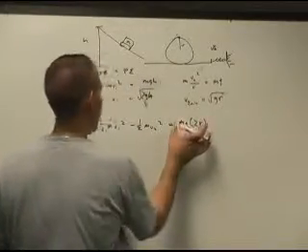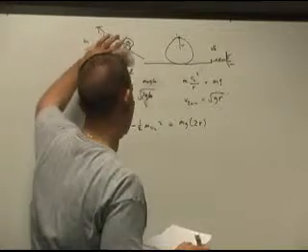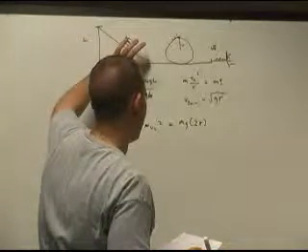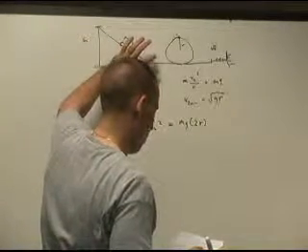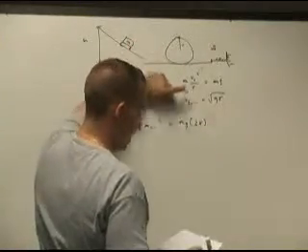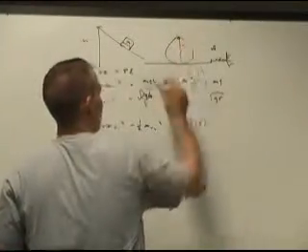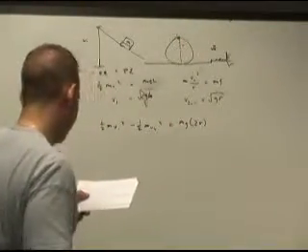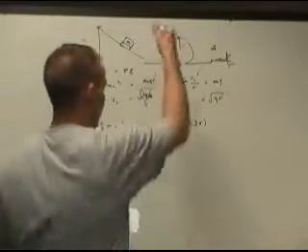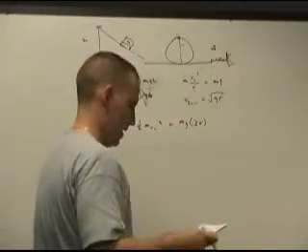Because radius times 2 is the diameter. That's the height of the circle.